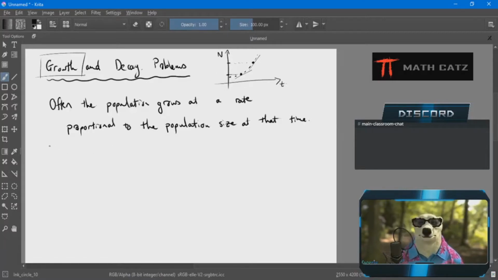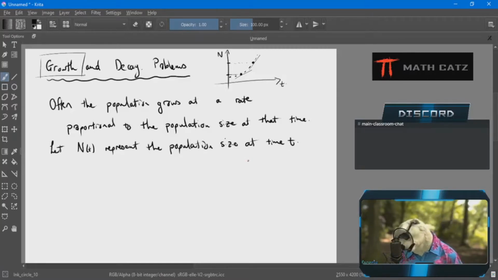So let's define a function. Let's say big N, which is a function of time. Let that represent the population size at time t. Now it depends on the situation.